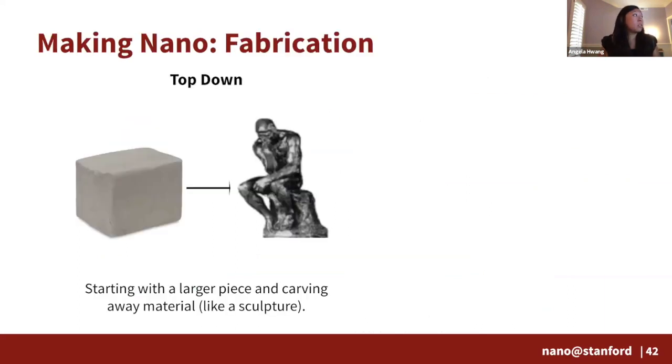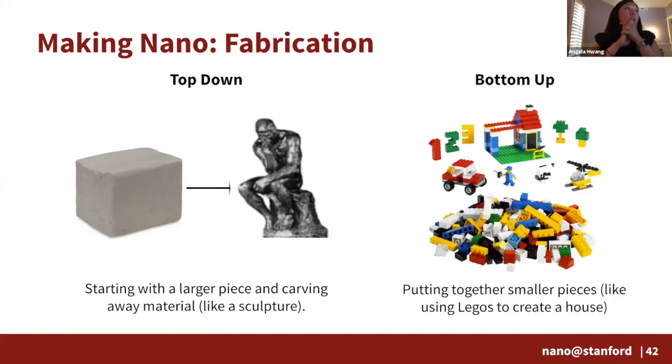All right. So the biggest things when it comes to fabrication are two different ways to make something at the nanoscale. So we have top down, so that's taking a big piece of something and chopping away at it, similar to maybe making a marble structure. Or you have another way, which is bottom up. So that's almost like taking little Legos and then putting them together like a house or a box or a race car or whatever have you.